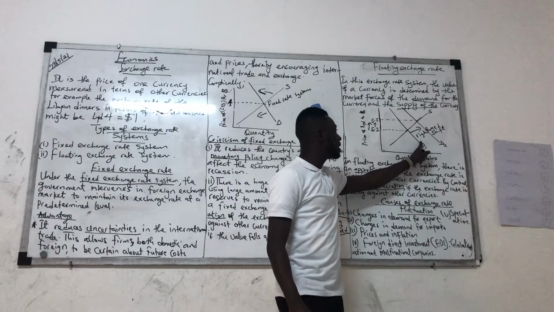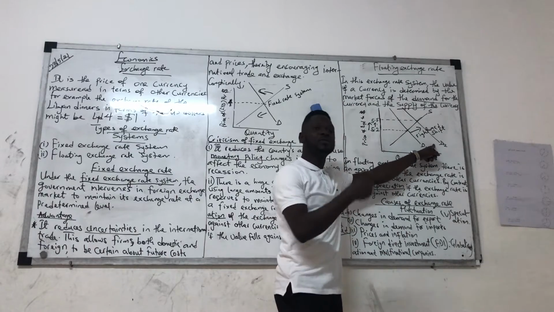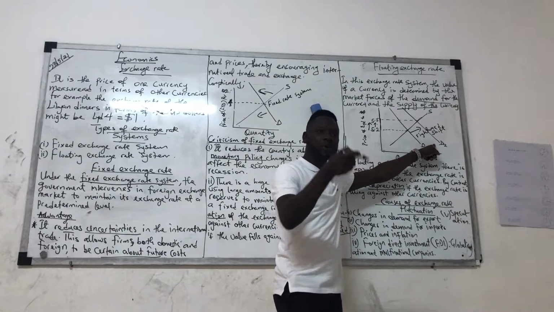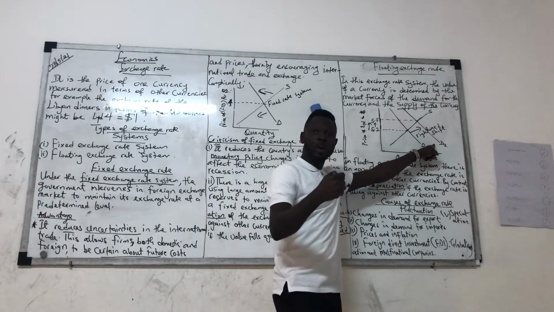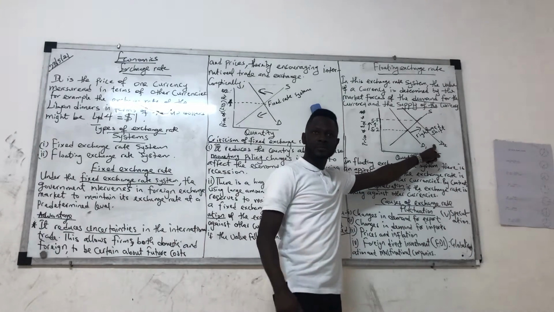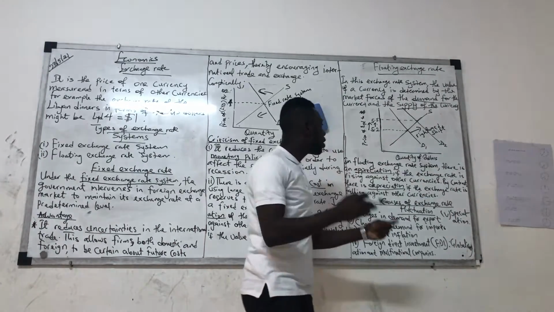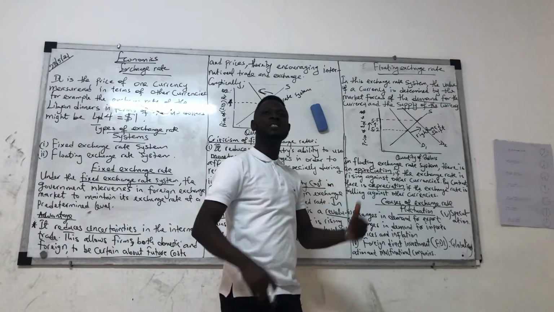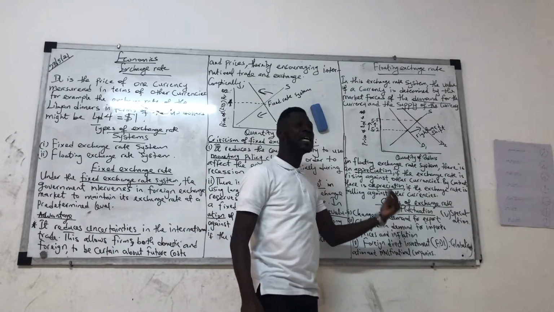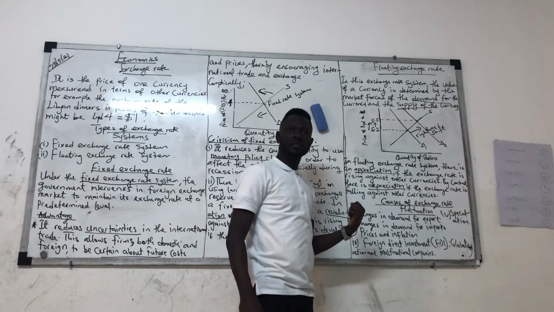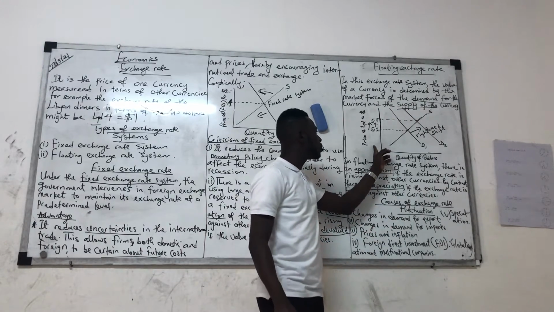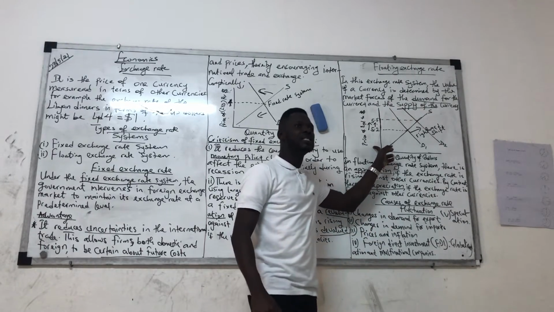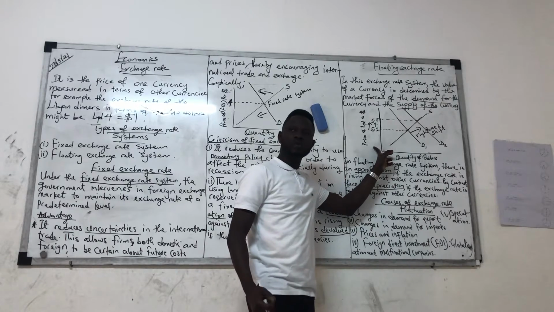So the quantity demanded, a rightward shift from D1 to D2, will fall the exchange rate of the dinar against the dollar. So that means the dollar is appreciating against the dinars. That means the dinar is depreciating against the dollar. Do we understand?